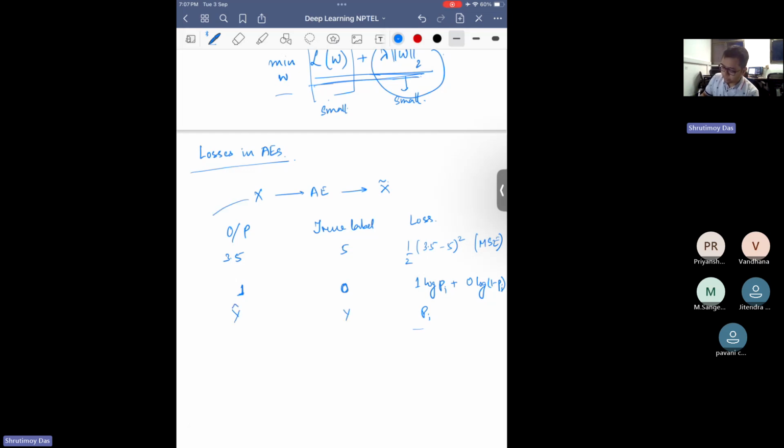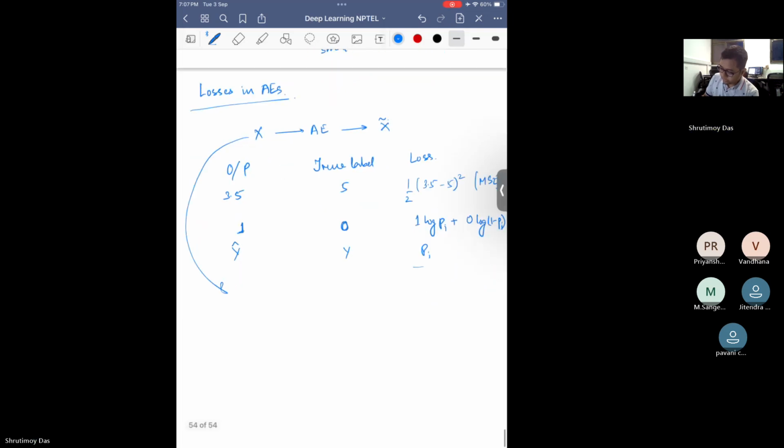So now coming back to autoencoders. Suppose my inputs are of this form, 1 0 1 0 1, and my outputs are something. What should be the loss function that should be used here?